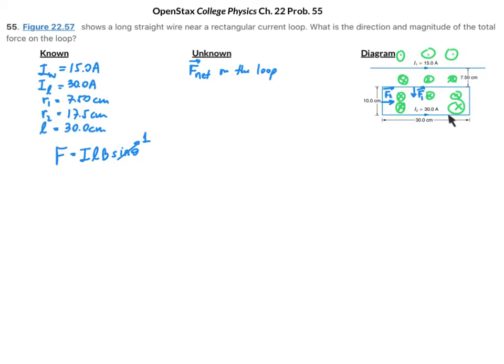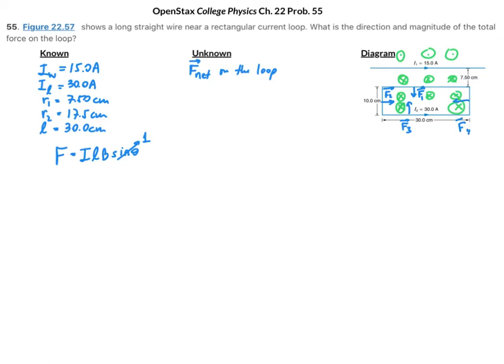I bend my fingers into the page and have a force pointing in this direction, so I'll call that F3. And around here, the current is up, the magnetic field is still into the page, so the force will be to the left. That's going to be my F4.